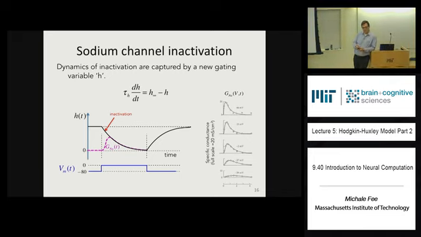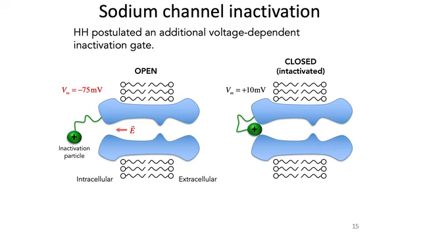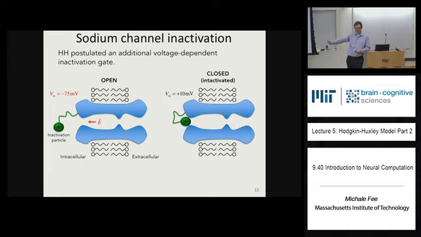Yes? If there is inactivation, does that mean it's already turned up? So why does deactivation? Yeah, so when here, let's just go back to this picture here. When the cell is hyperpolarized, the thing is hanging out outside, not getting in the way. When you depolarize the cell, that electric field is not pushing it out anymore and it falls in.